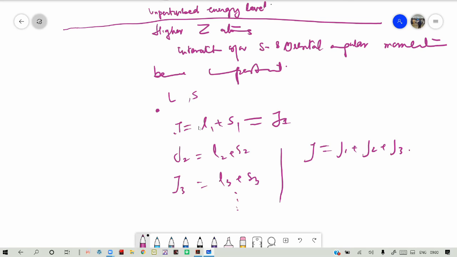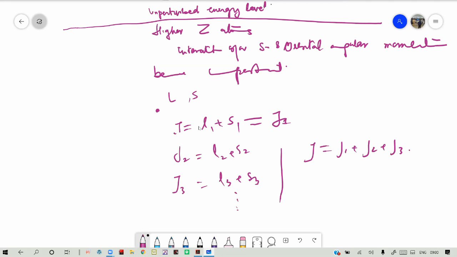So the basic concept is that the orbital angular momentum and the spin angular momentum of an individual electron are coupled to each other. There is significant interaction between them. Their interactions become important in the heavier atoms because you have an increased number of nucleons and an increased number of electrons.